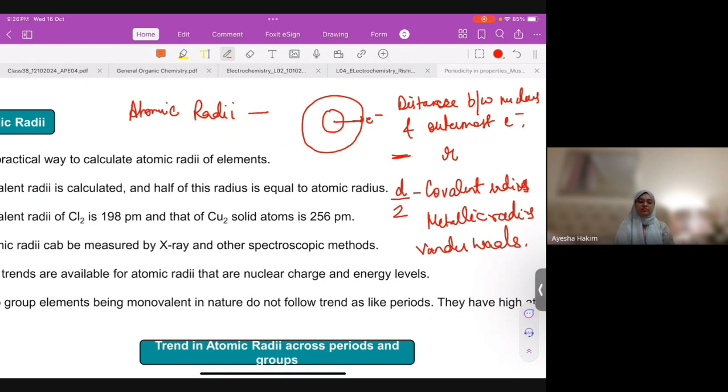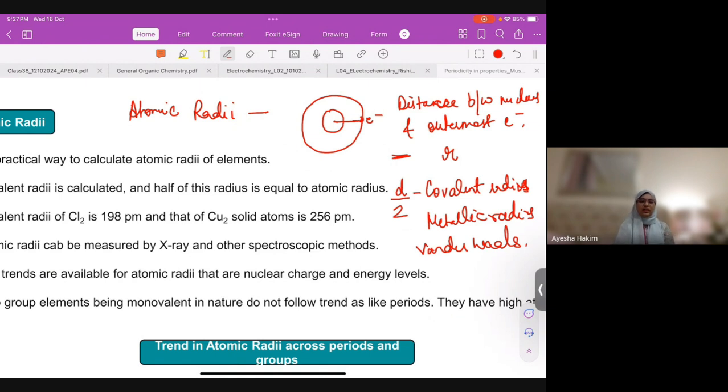And how do you calculate the metallic radius? Metallic radius is one half of the internuclear distance separating the metal cores in the metal crystal. Okay, cool. And what is van der Waals radii?